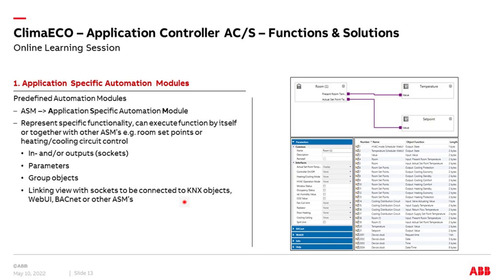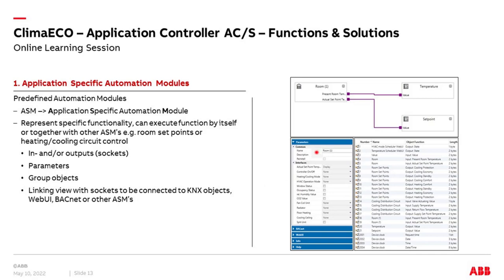You can combine different ASMs, these application-specific automation modules. You can add any free logic you would like to add here to create your complete solution. At the end, I have a small example to combine an ASM, a predefined function, with a freely programmable function.